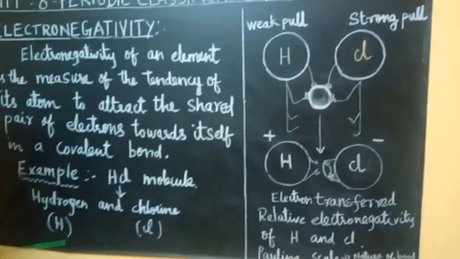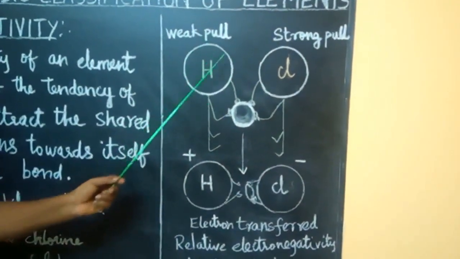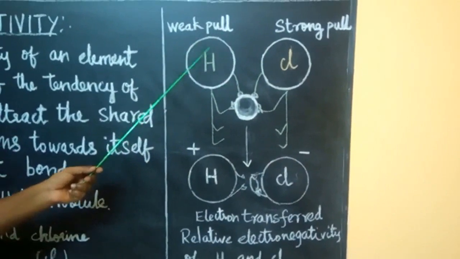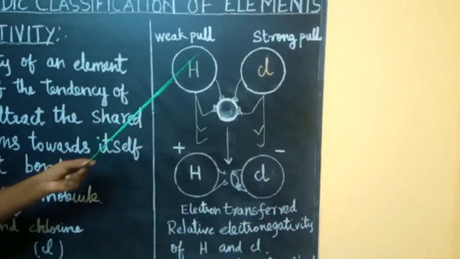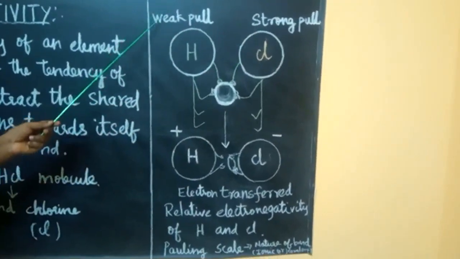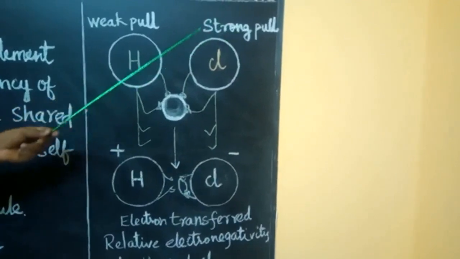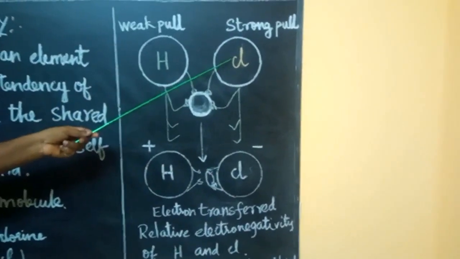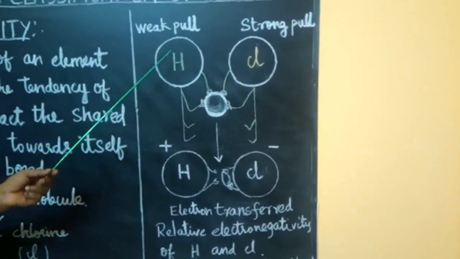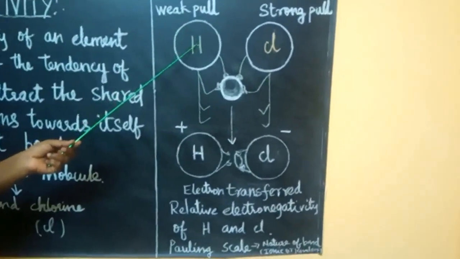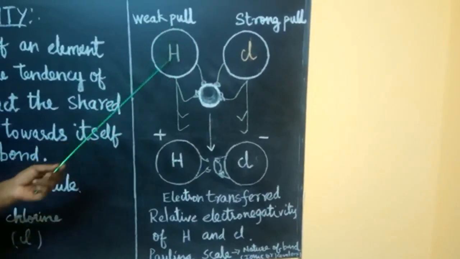Hydrogen and chlorine are sharing one electron pair to produce a covalent bond between them. Hydrogen has a weak pull and chlorine has a strong pull. So chlorine has the higher electronegativity. It pulls the shared pair of electrons towards itself more strongly than hydrogen.